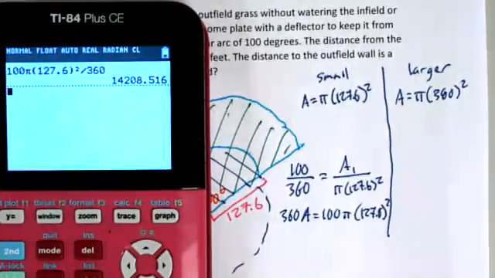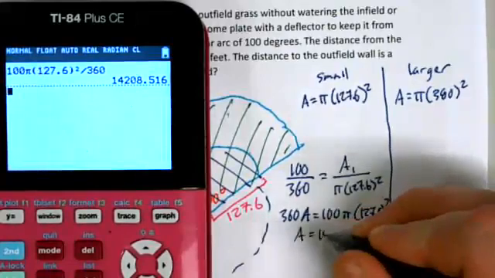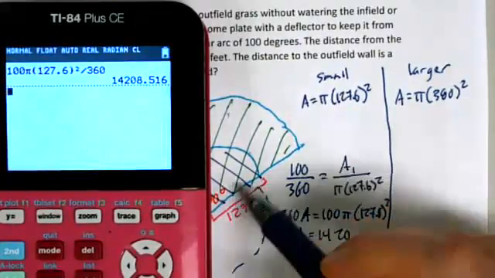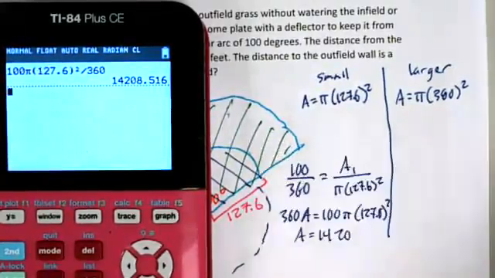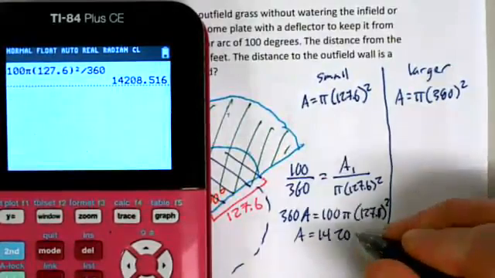It's a big number. It's a little shocking to me at first. Are you guys coming up with a big number like 14,000? That's the area of the small piece. The area of the big one's going to be a lot bigger. Let's round to a whole number, I guess, if we're dealing with numbers that big.